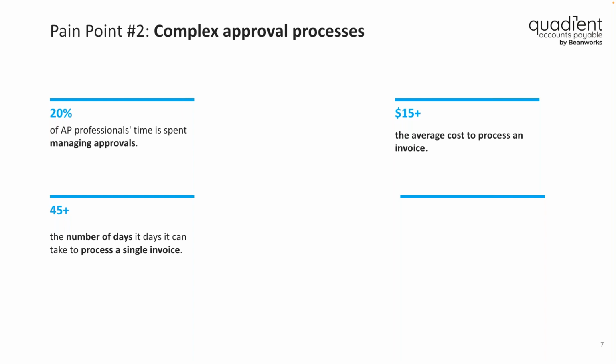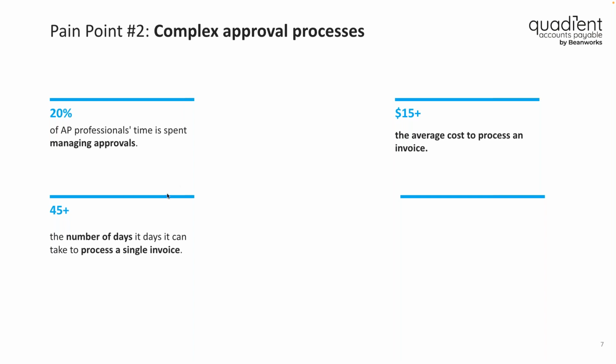A complex approval process gums up the works. It takes about 45 days to process an invoice, pushing the average cost per invoice past $15. Delays in the approval process have knock-on effects too. Late payments, missed early payment discounts, and damaged vendor relationships are all potential consequences of approval roadblocks.